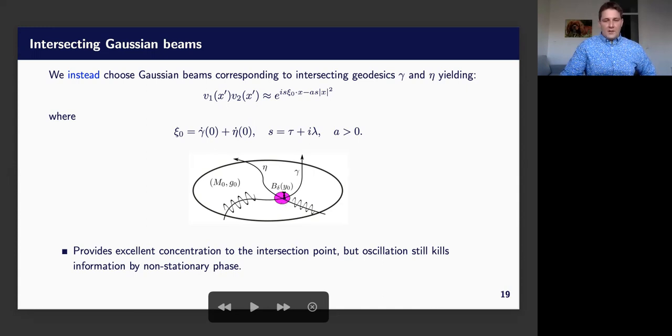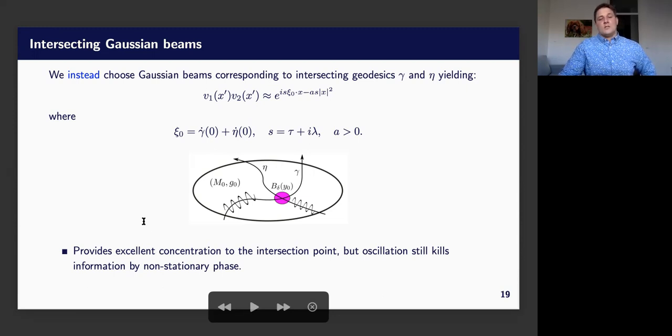It's this pink area here. But you are still left with oscillation in a direction, which is what? The direction is the sum of the velocity vectors of the geodesics. So psi 0 is the sum of the velocity vector of the geodesic gamma plus the velocity vector of eta at this intersection point.